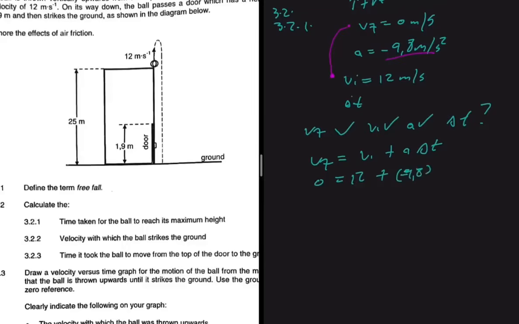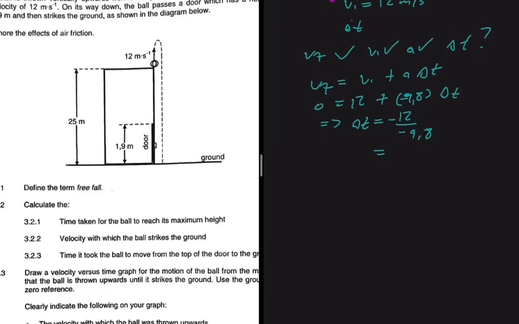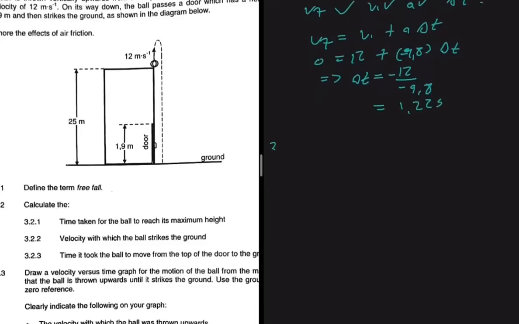Minus 9.8 multiplied by delta t. So now it should be easy to see that delta t will be equals to minus 12 divided by minus 9.8, right? And yeah, if you put that in a calculator, you should get a time of 1.22 seconds, right?